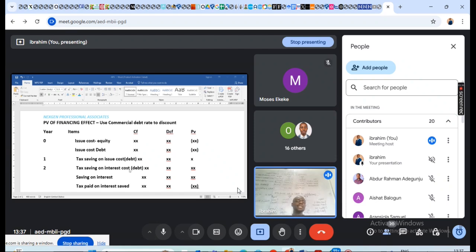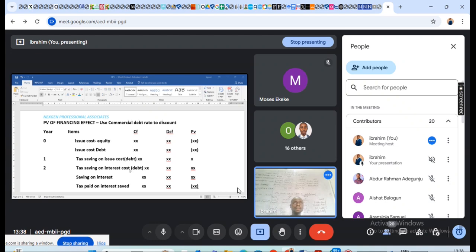Now, another thing is savings on interest. I will use a practical illustration. You have a commercial rate of 5% and a subsidized rate of 2%.